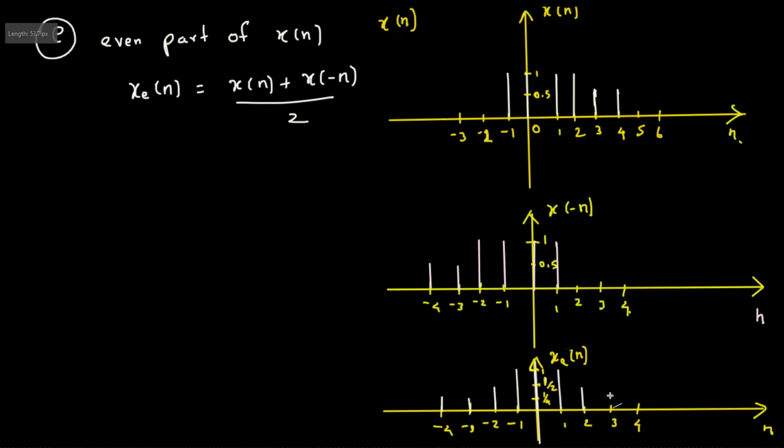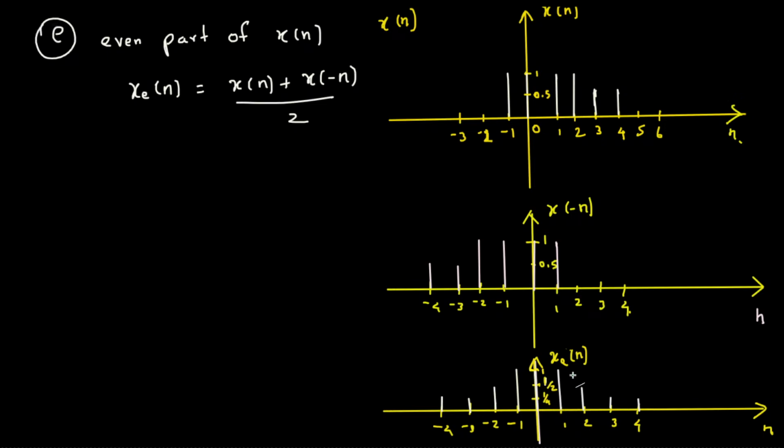And at 3 we have 0 here, and here we have 0.5, which means 0 plus 0.5 divided by 2, 0.25. This is going to be 0.25 here, and at 4, 0.5 plus 0 divided by 2 is 0.25 again. So this is the final graph we are going to end up having.